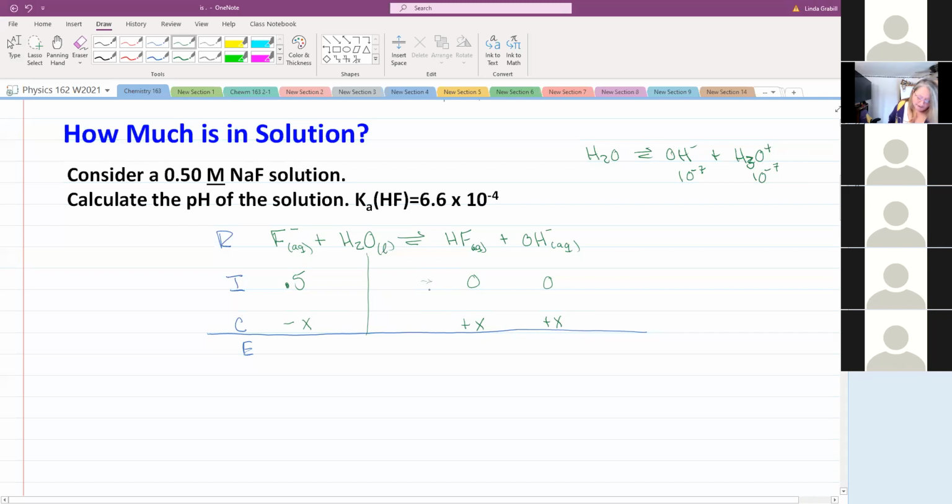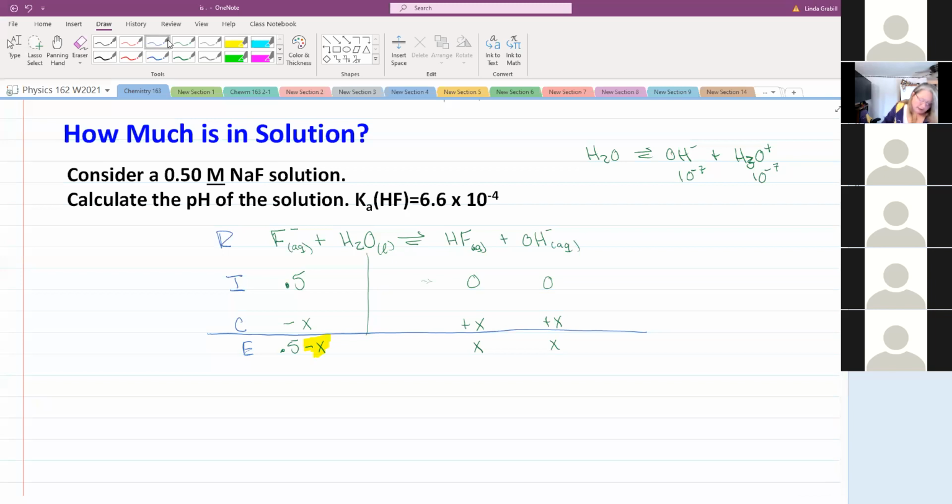I can't have a negative concentration. So I'm going to have my 0.5 minus X and my X and my X. Good. So now from lecture, I talked about when can we ignore this and how do we test that?